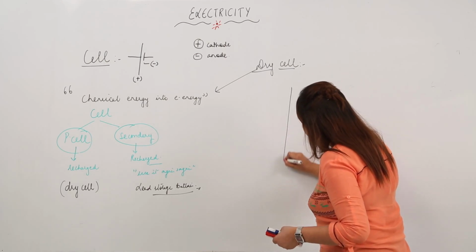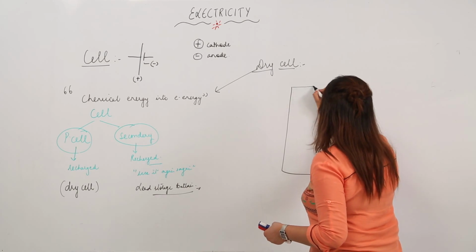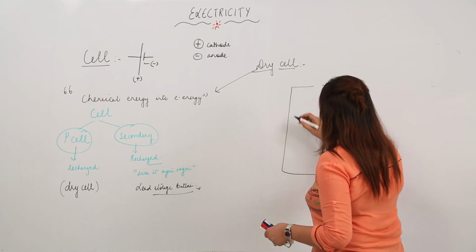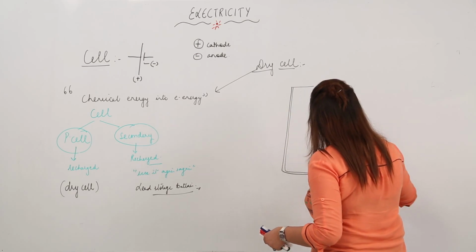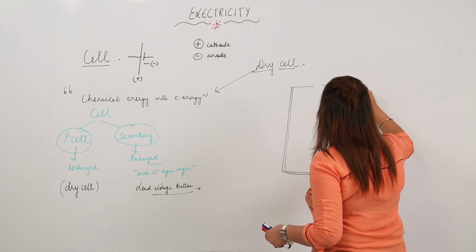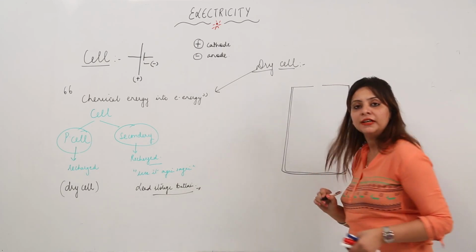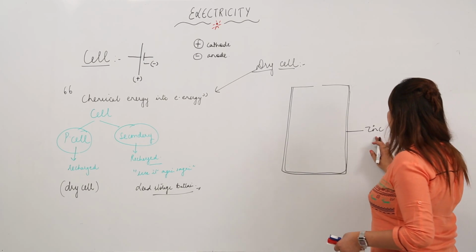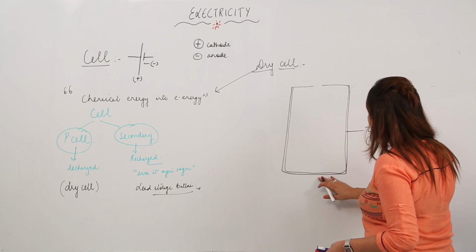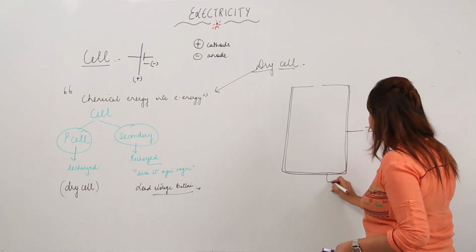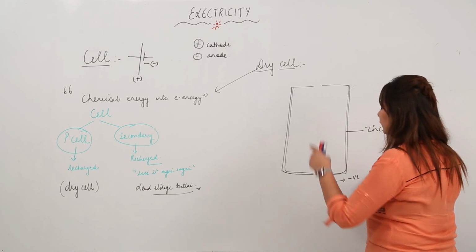See, there is an insulation outside. Let's say this is a plastic cover or an insulated sheet. On the inner side there is a container, and you know that the container is made of zinc. Zinc here acts as a negative electrode, the base of the zinc, that means it acts as an anode.